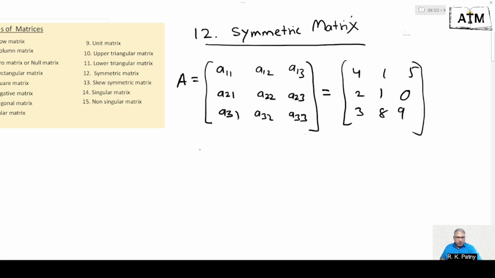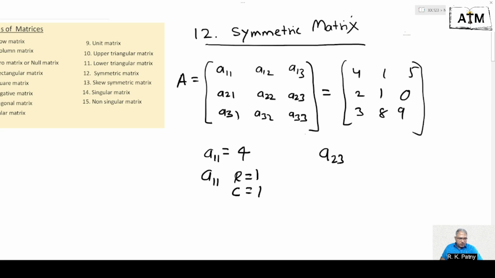Now suppose I want to find out the value of A11. A11 is nothing but 4, where the first number belongs to the row and the second number belongs to the column. So for A11, row value equals 1 and column value equals 1.